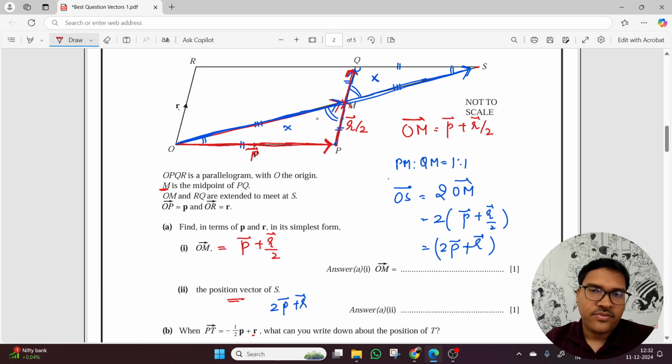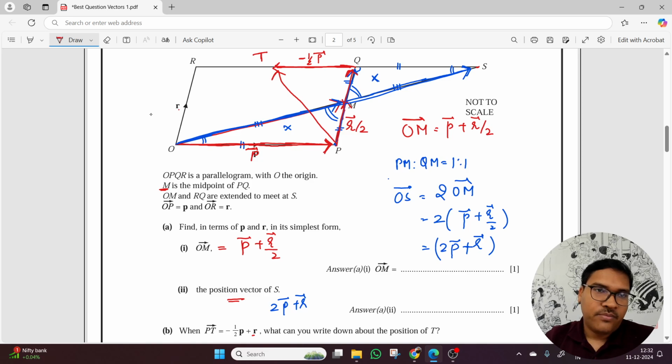The direction will be opposite of the P vector, and it will be of half magnitude. So can I say you have to go like this? You have to go like this, which is minus half P vector. I hope this point is clear. So if you reach from P to T, this will be the vector.